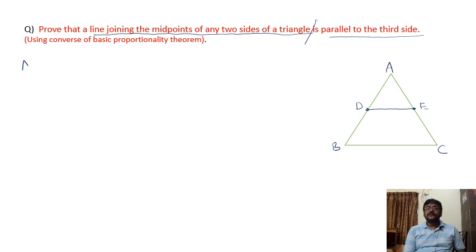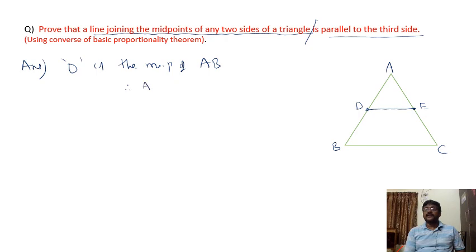Okay, so what shall we do here? See, D is the midpoint of AB. That means AD is equal to DB, isn't it? Since it's the midpoint, AD is equal to DB.